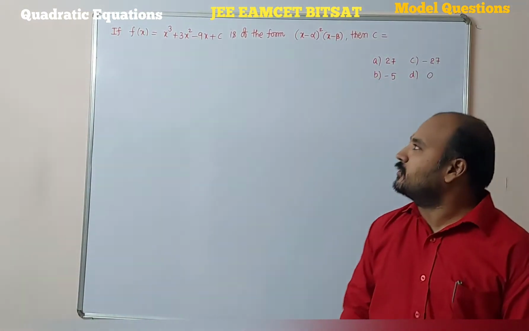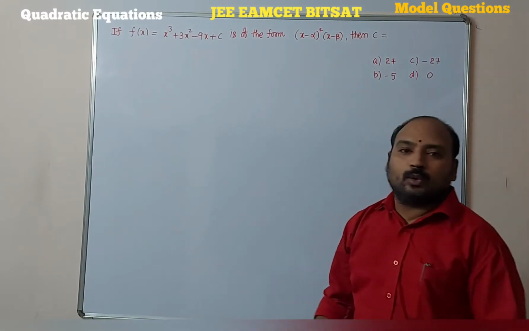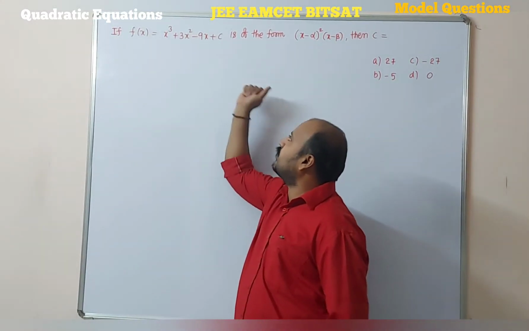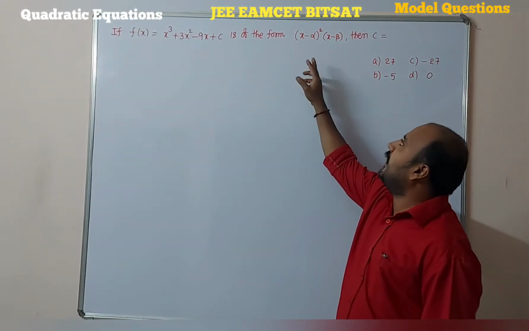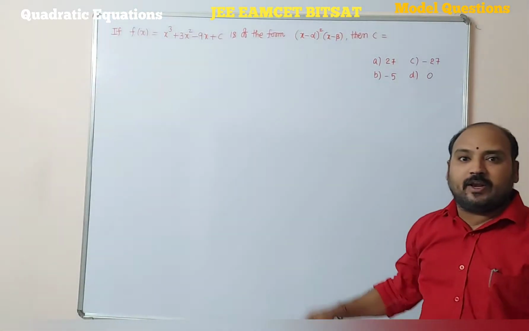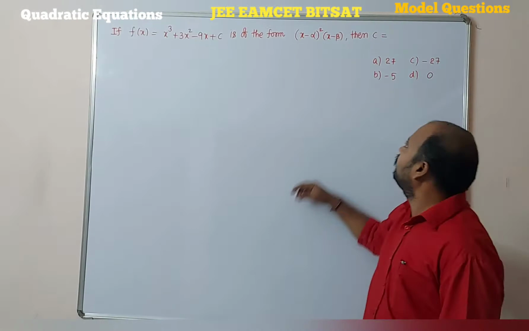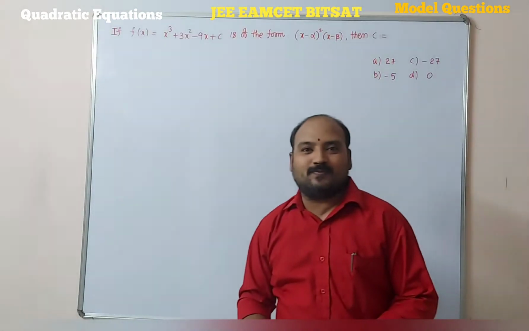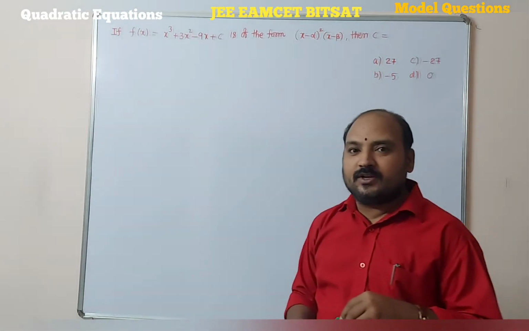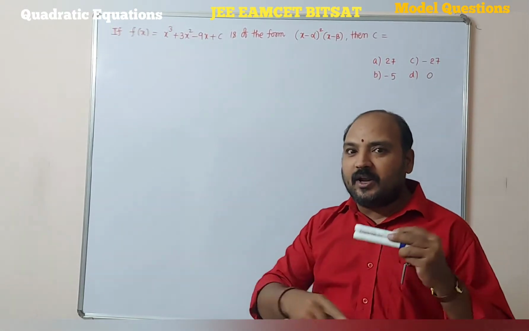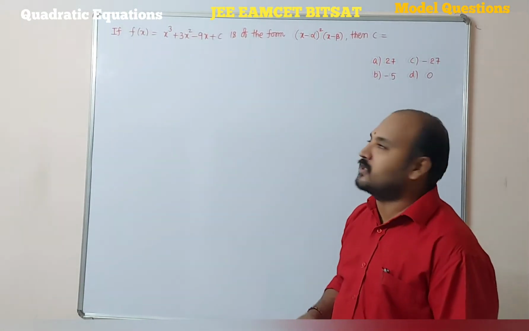The next question. If f(x) equal to x³ + 3x² − 9x + c is of the form (x − α)²(x − β), then c equal to, is a good question. This question is related to the repeated factor concept.